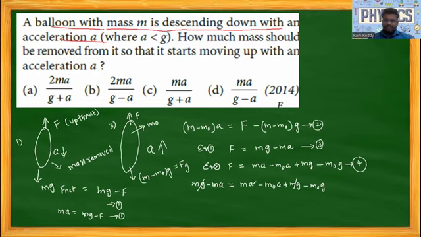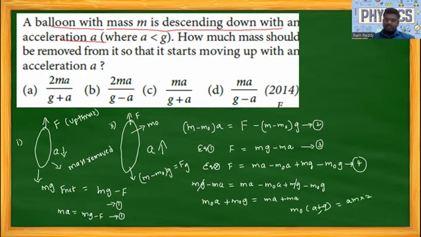Minus ma will come to this side, means plus. m naught a will come to this side, positive, plus m naught g, this will come this side, also positive. Then here m naught we take common, a plus g, and ma and ma, so ma into 2.